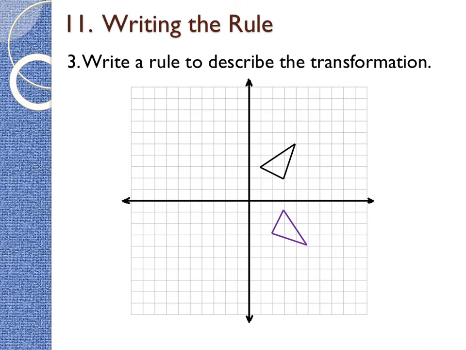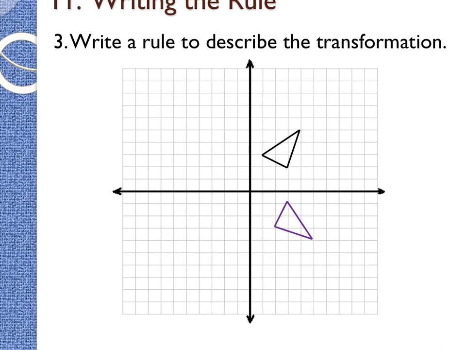Okay? Write a rule to describe the transformation. This one did not have anything on it, so I'm just going to give this some letters. I'm going to make this one a double prime. Let's take off the primes on the first one, so we'll make that ABC.